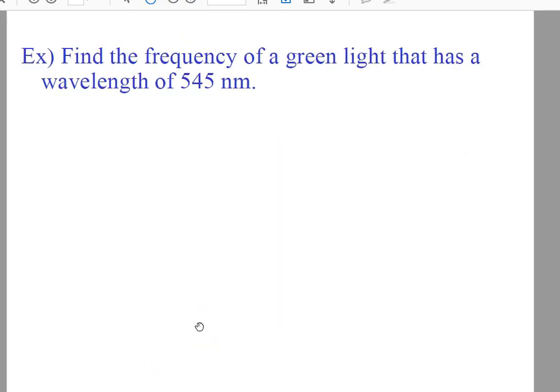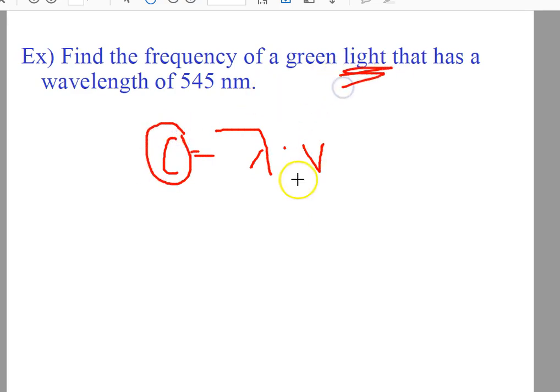So we can do this example problem where it says find the frequency of green light that has a wavelength of 545 nanometers. We have our equation, c equals wavelength times frequency. Which of these do we know? Well, we know the speed of light, and this is green light, so we can use the speed of light, and then we know the wavelength, so we can put that there.